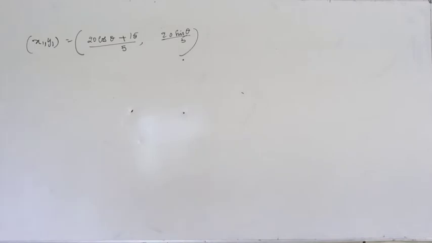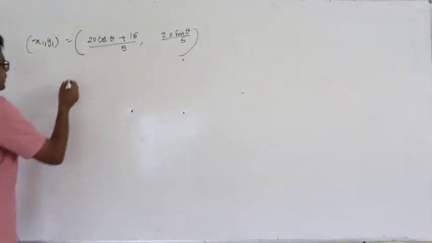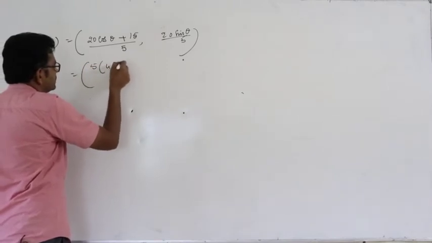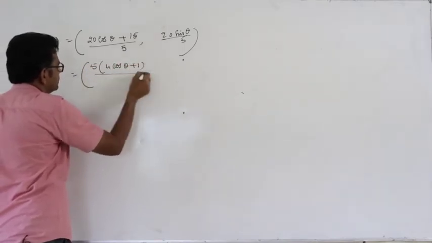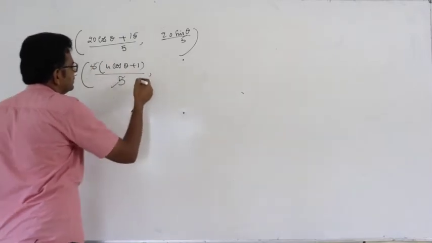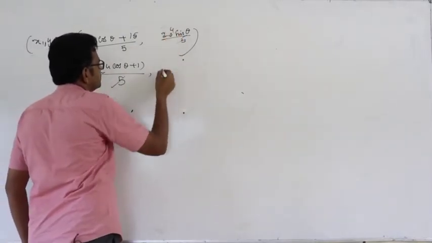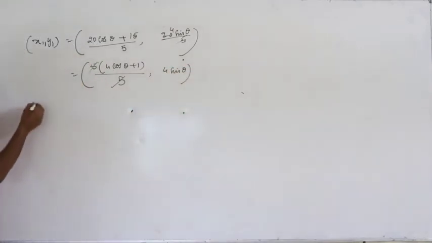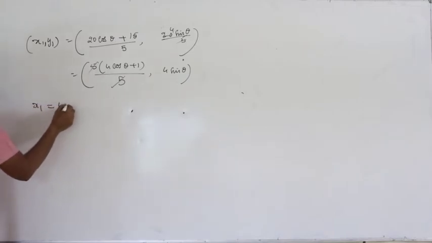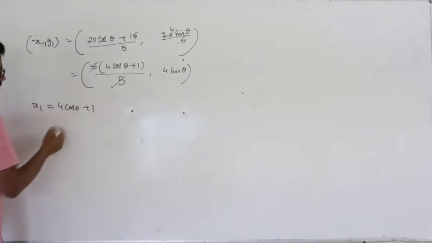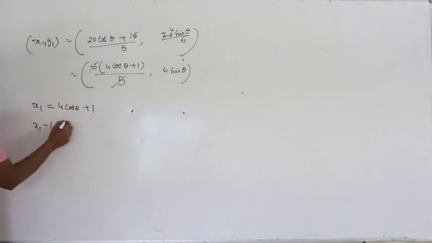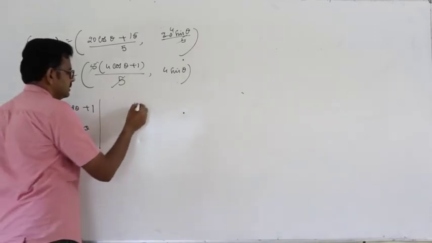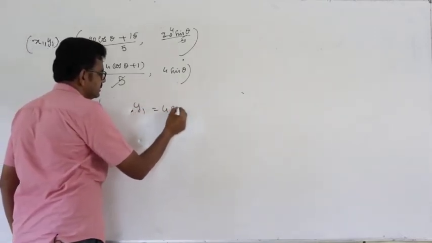If you take 5 common, this is 4 cos theta plus 1, 5 cancels. Here this is 4 sin theta. x1 is equal to 4 cos theta plus 1, x1 minus 1 is equal to 4 cos theta, y1 is equal to 4 sin theta.